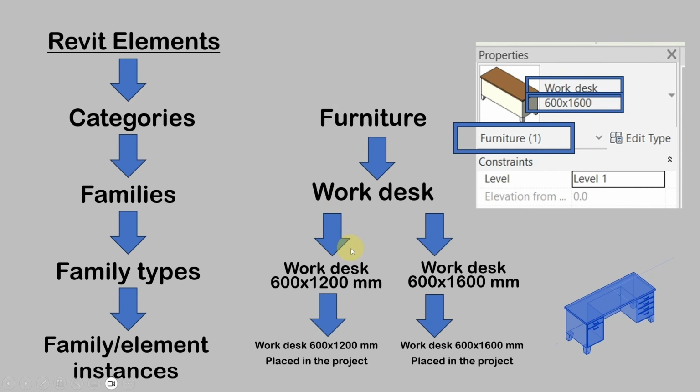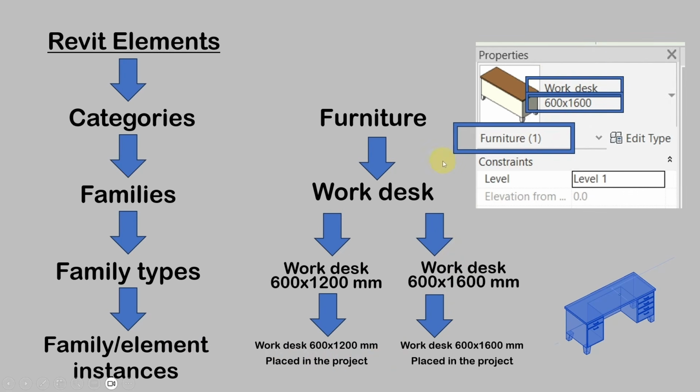We have seen something like this in our first lecture, that we have family types. In this example, it was a work desk and a work desk of different dimensions. And then we have family instances or element instances placed in the project. And here we had a picture which is from the properties palette.